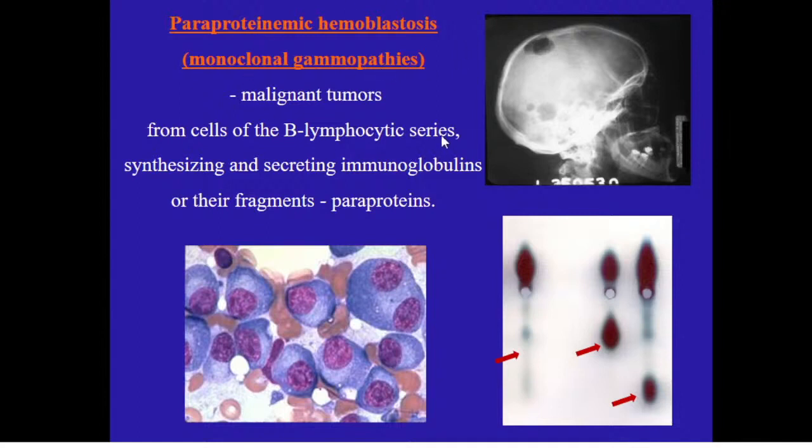These tumors, for example multiple myeloma, are located in red bone marrow, and due to this, in patients with such tumors, during X-ray examination of the plain bones, it is possible to find such circling points, circles of disintegration of bone tissues.